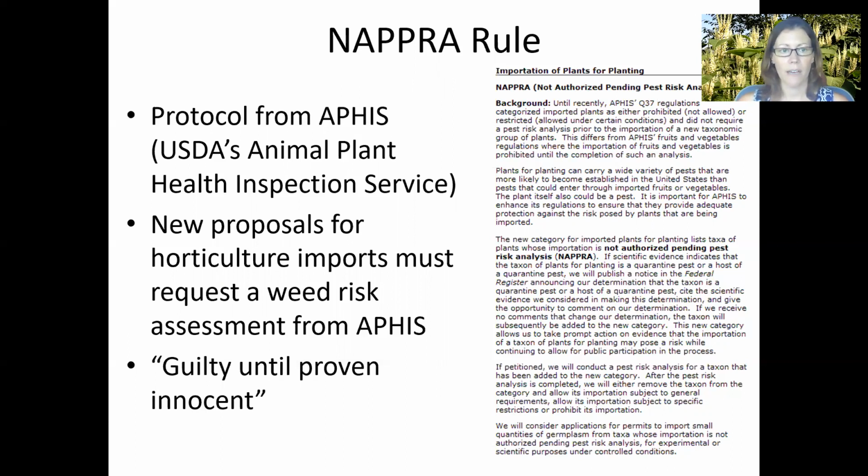It's been enacted for congeneric species of existing invasives. Congeneric basically means of the same genus. So if you wanted to import, for example, another Fallopia species, Fallopia is the Japanese knotweed pictured behind me.